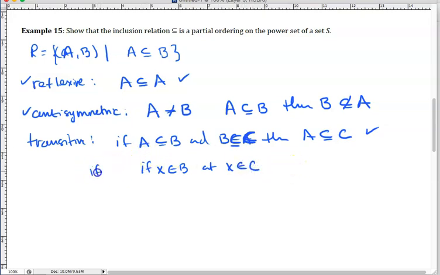So basically we start with this chain: x is an element of a, then x has to be an element of b, then x has to be an element of c. So if x is an element of a, then x has to be an element of c. This transitive property is also fulfilled. So this is a partial ordering.